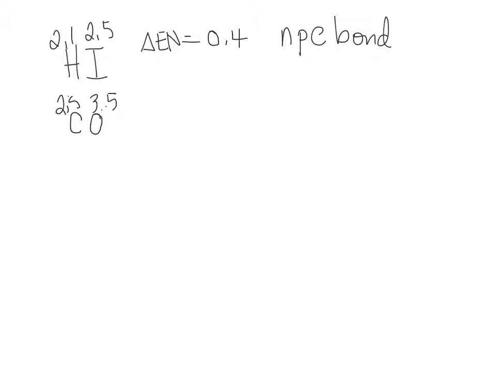So the difference is 1 exactly. What type of bond exists between carbon and oxygen in carbon monoxide? Polar. Do you agree? Yep, it's a polar covalent bond.